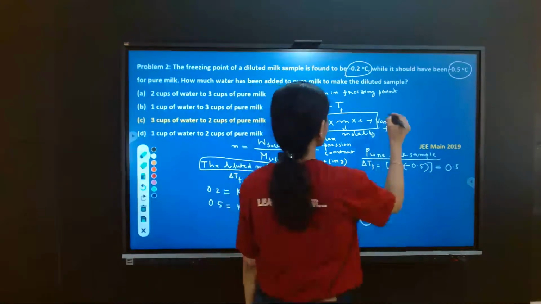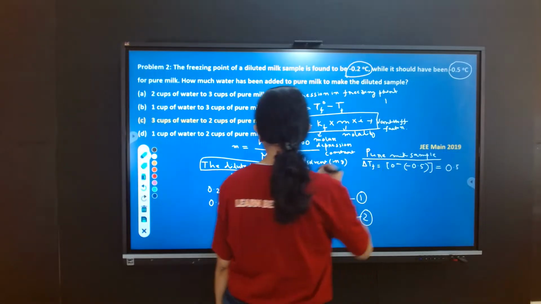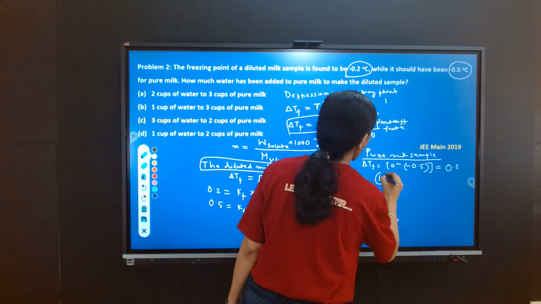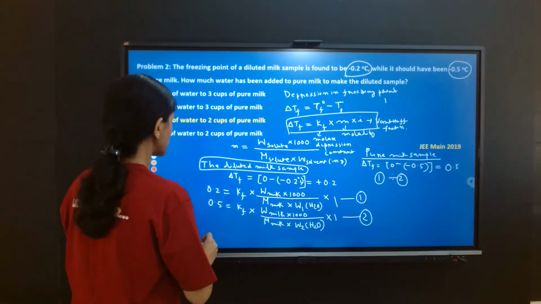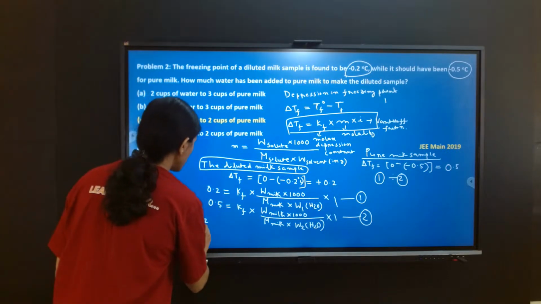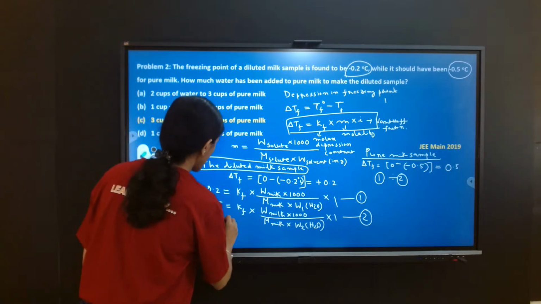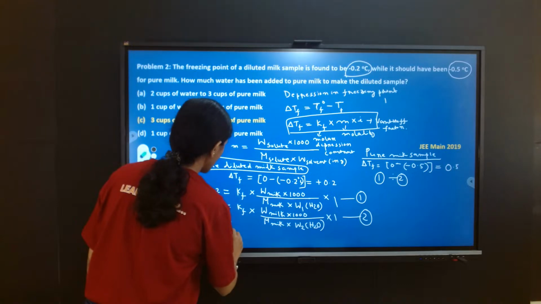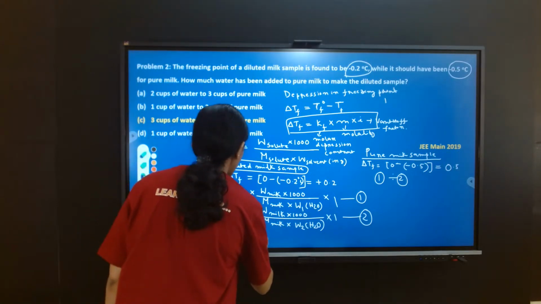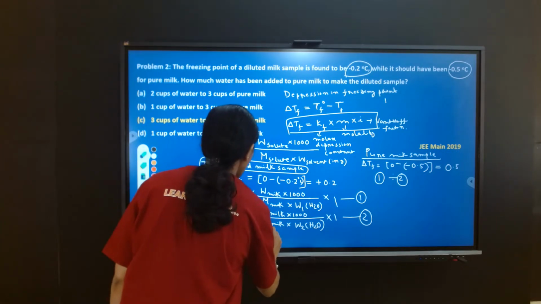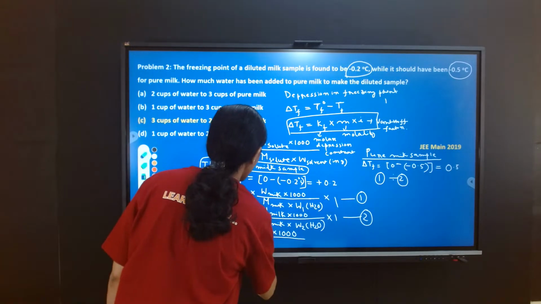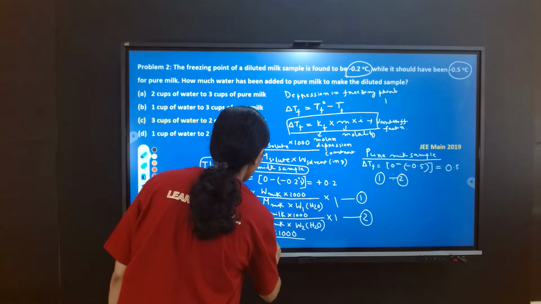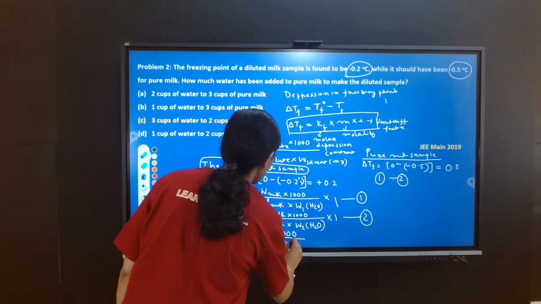Now if we do 1 divided by 2, what we will get? So 0.2 divided by 0.5 is giving you Kf by Kf times W milk times 1000 divided by mass of milk times W1 water.